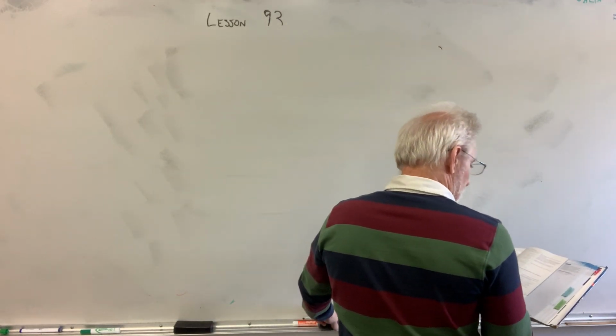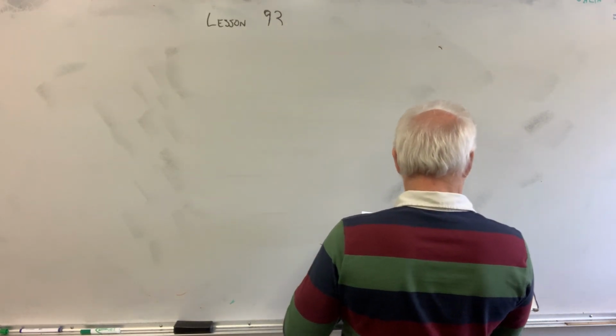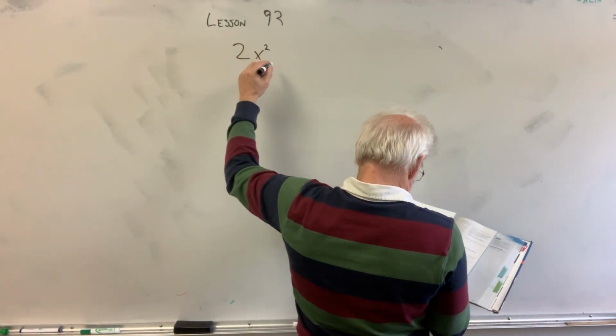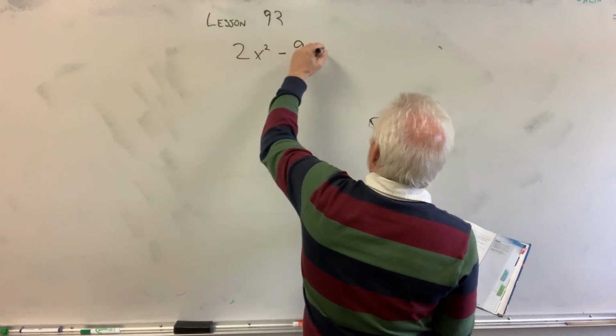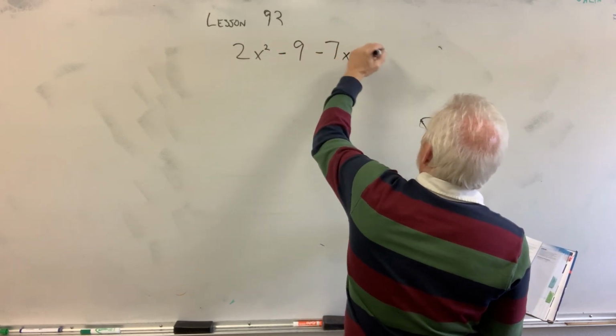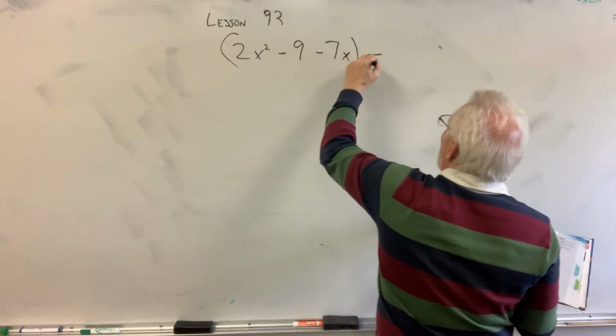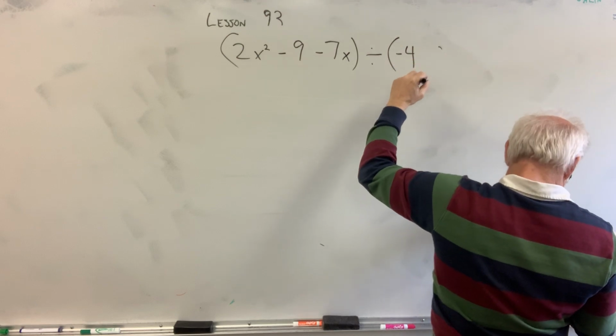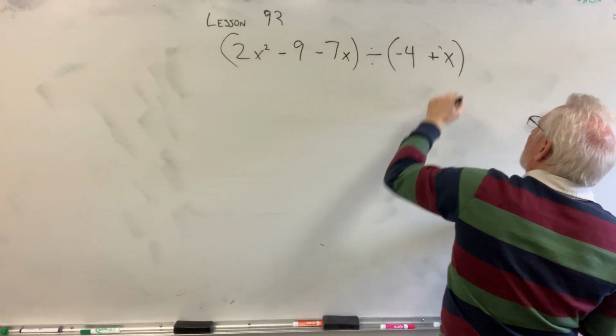When you look at example number 4, we get 2x squared minus 9 minus 7x divided by negative 4 plus x.